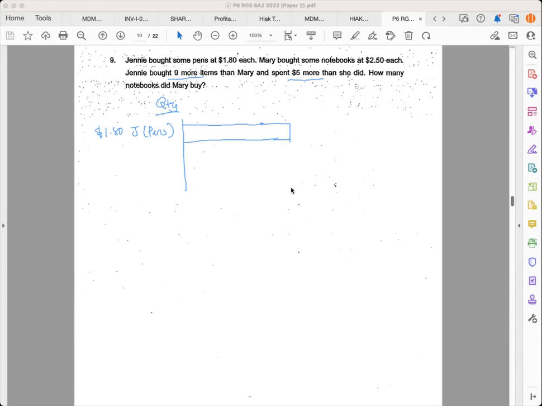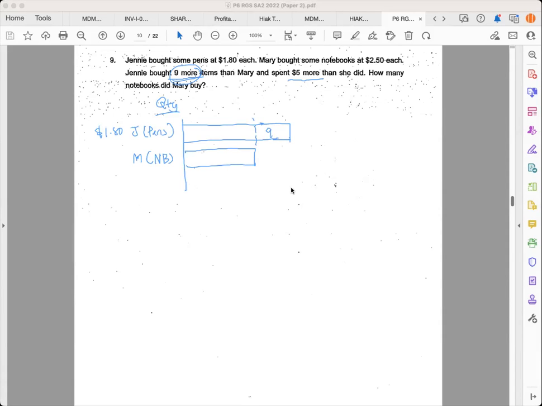Then we have Mary, who bought only notebooks at 250 each. And we know that Jenny bought 9 more than Mary, so make sure my Mary is shorter than Jenny by 9. Okay, so this is quantity.